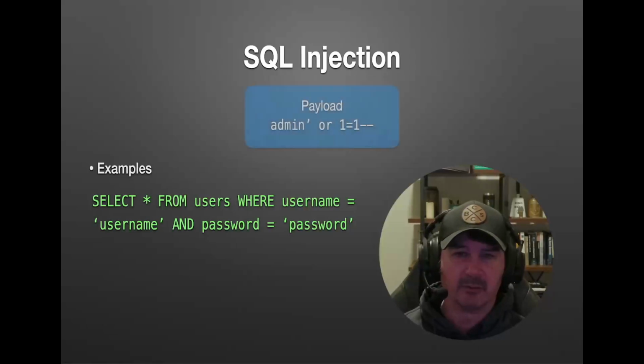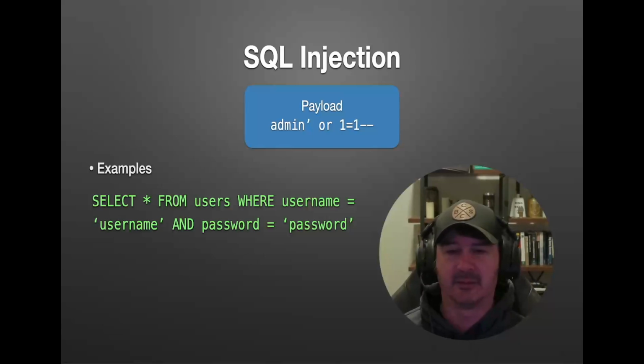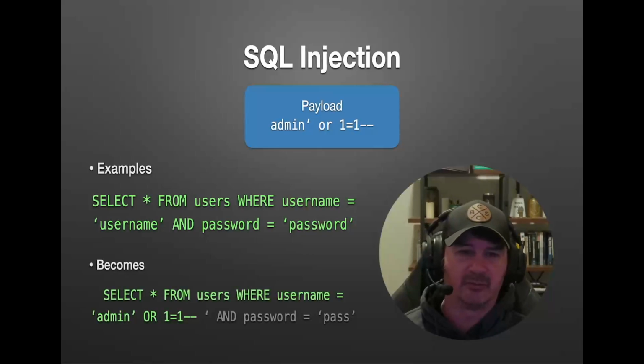Well, if we look at the basic payload that I mentioned last time, the always true, so basically introducing an always true condition. If we say admin apostrophe or 1 = 1 and then a comment, that query now becomes select star from users where username is admin or 1 = 1 and then a comment.